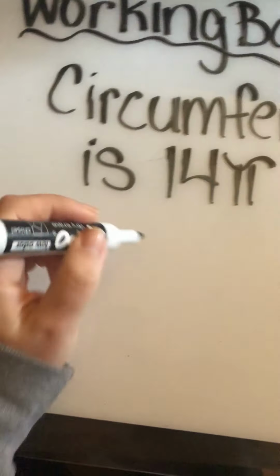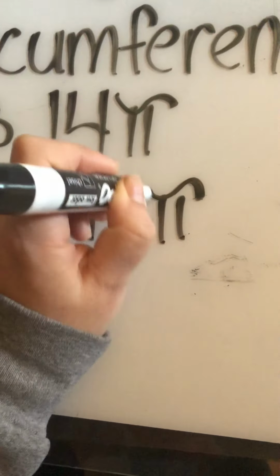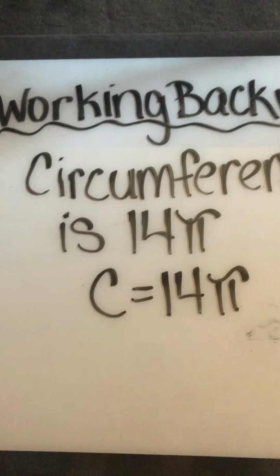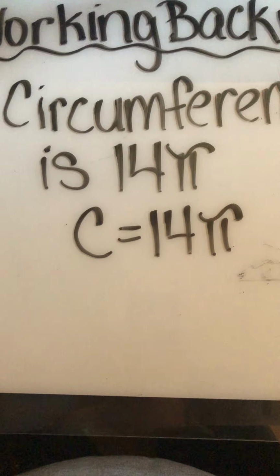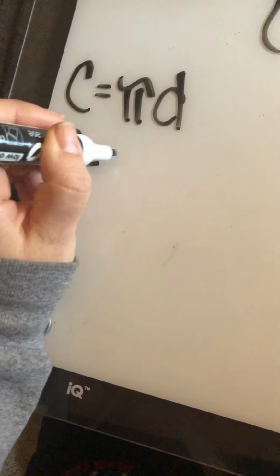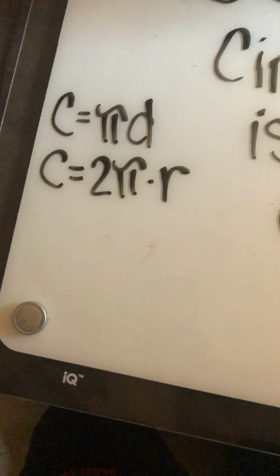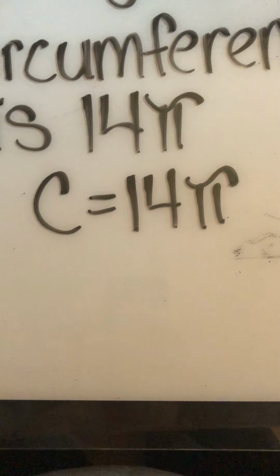Okay, so there's a circumference that is 14 pi. So that means that C equals 14 pi, right? I just abbreviated circumference with the letter C. So if I think about my two formulas for circumference, C equals pi d and C equals 2 times pi times r, which one does this look like?